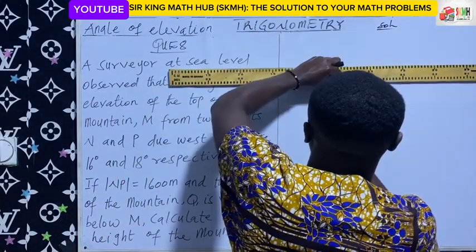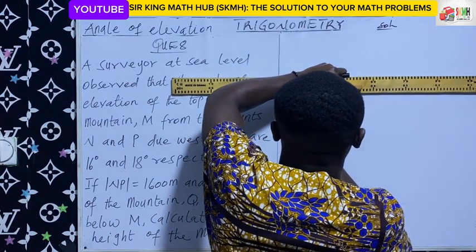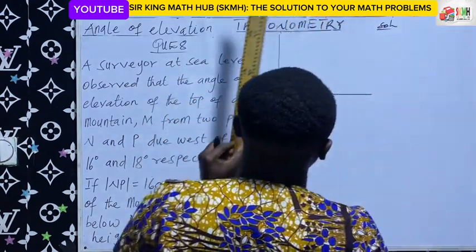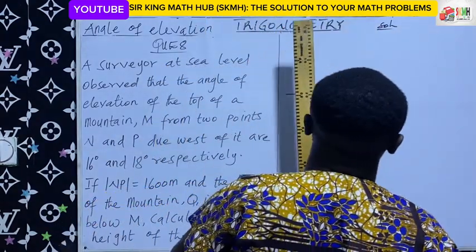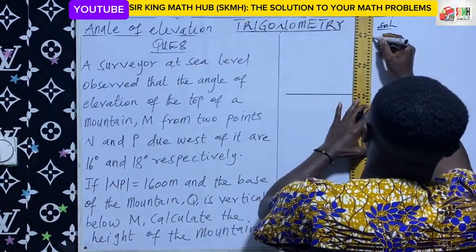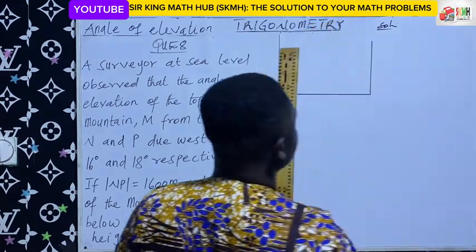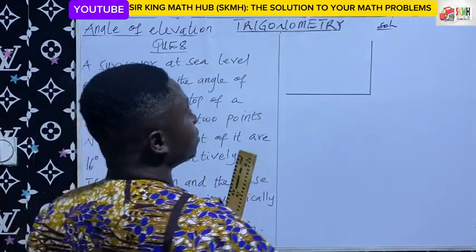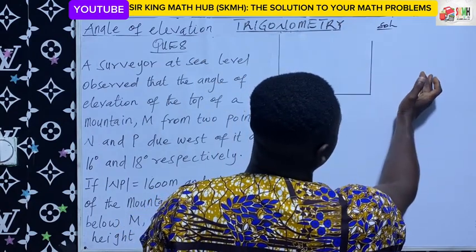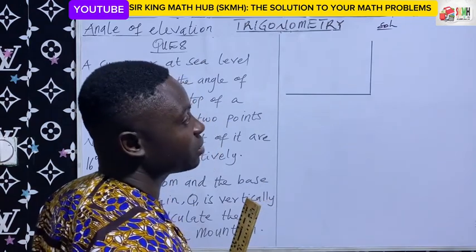So we have our sea level. This is our sea level, and this will be our mountain. This will be our mountain, simply because if that is our mountain, the right side becomes the eastern part of the mountain, and the left side becomes the western part of the mountain.